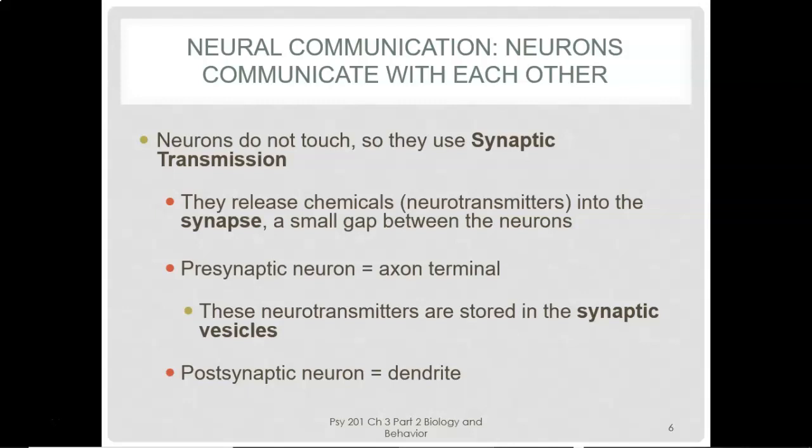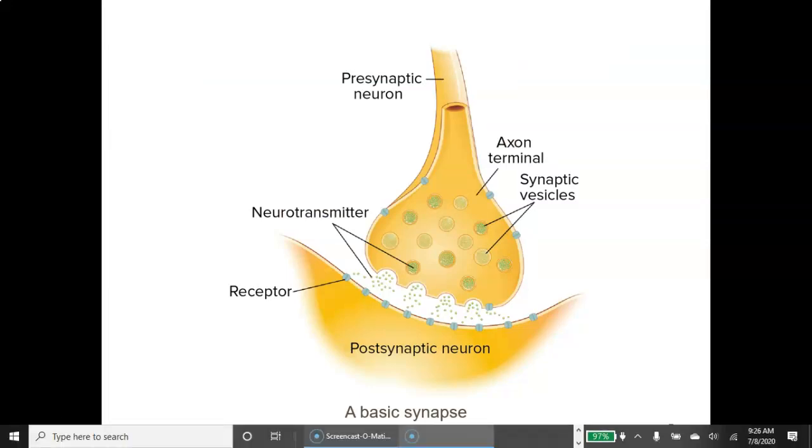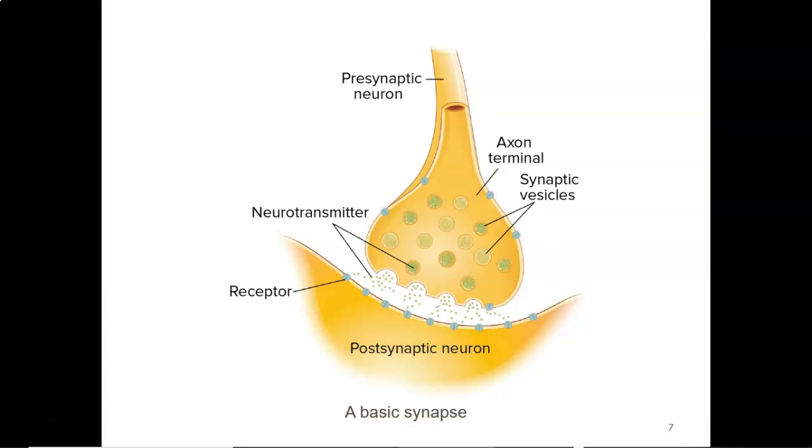With synaptic transmission, one neuron releases chemicals into the synapse, and a synapse is a small gap between the neurons. Here we have what's called a synapse. This entire structure is called a synapse. We have the synaptic gap right in here.